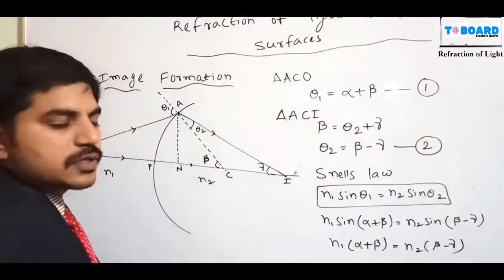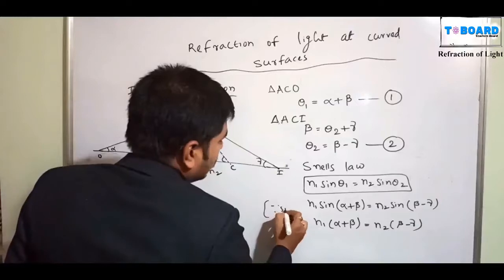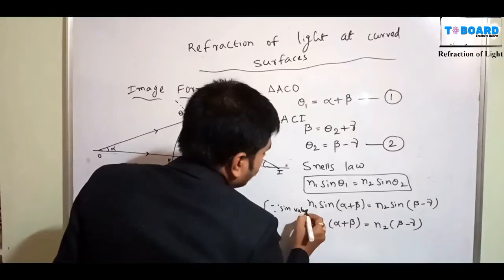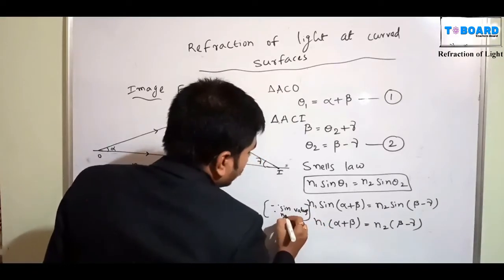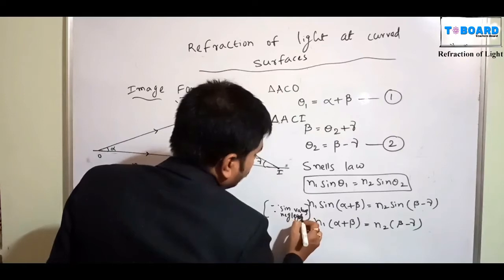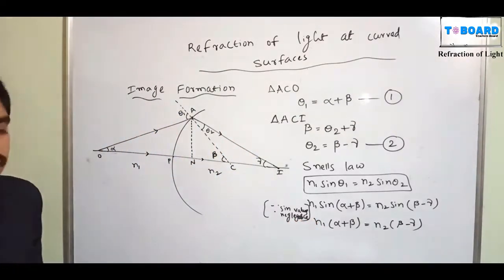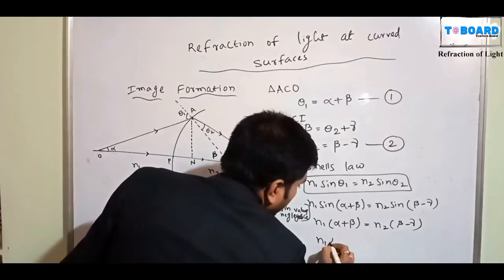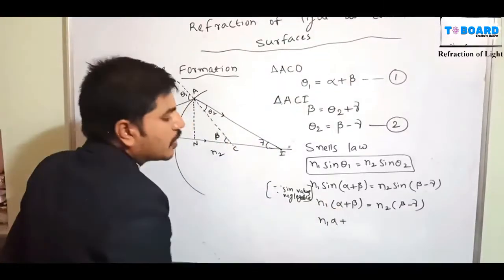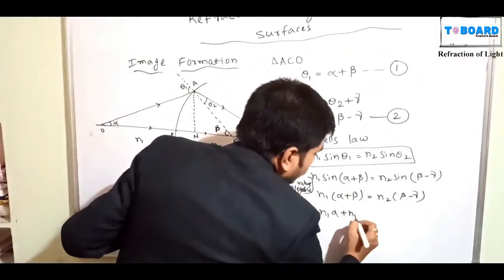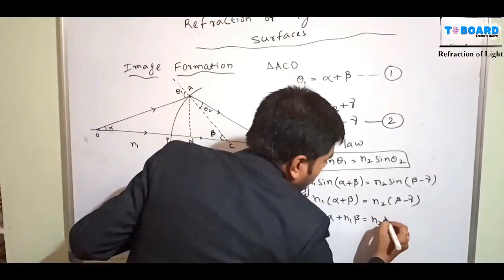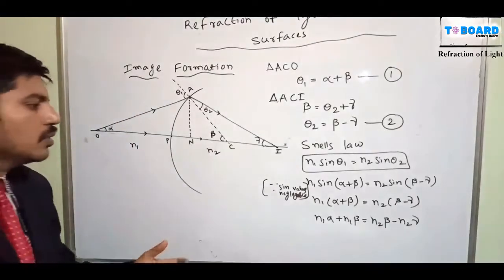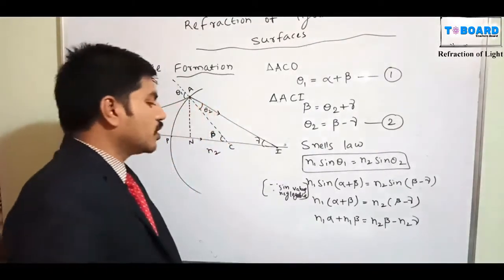Because the angles are small, the sine values are negligible. Then N1 times alpha plus beta, multiplying out: N1 alpha plus N1 beta is equal to N2 beta minus N2 gamma. Okay, so now we'll go for the next value.